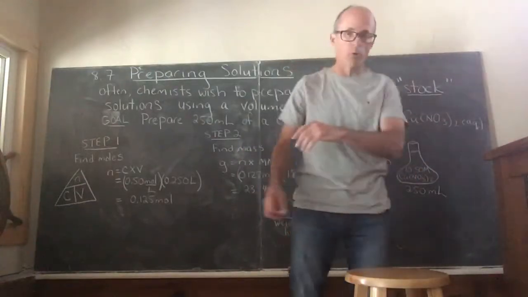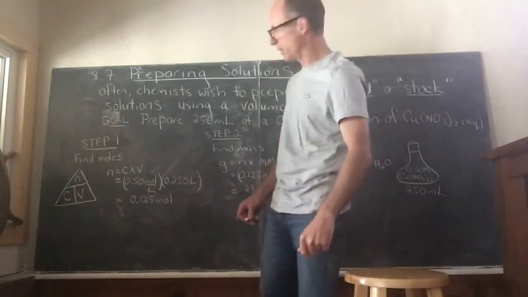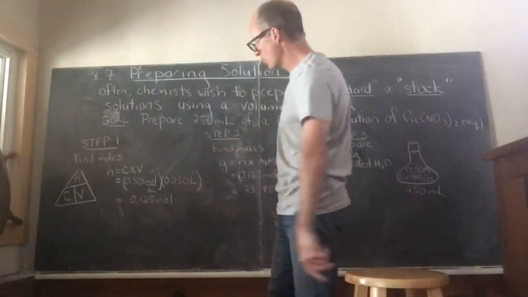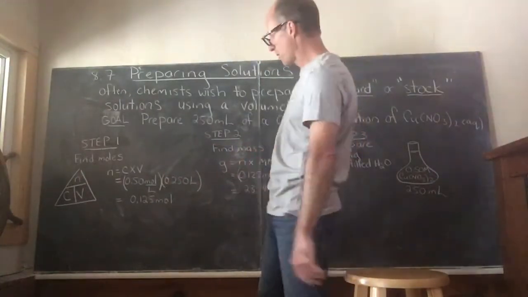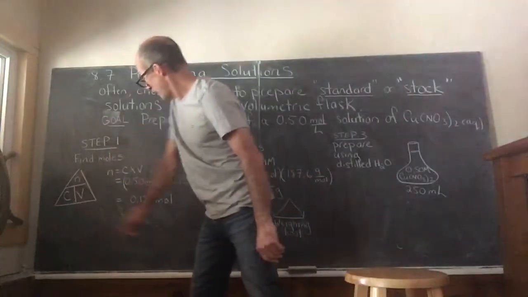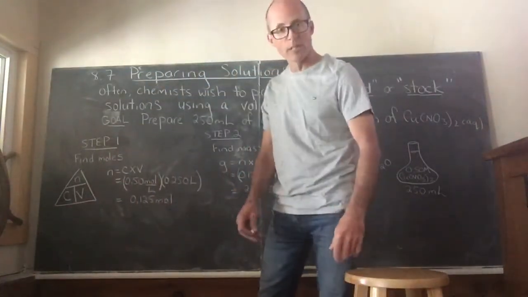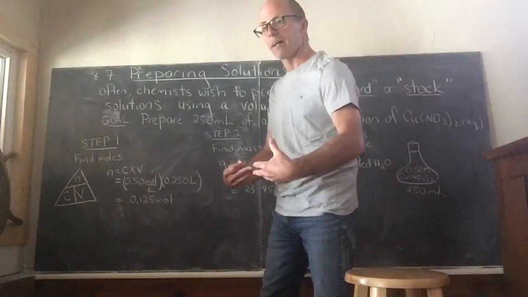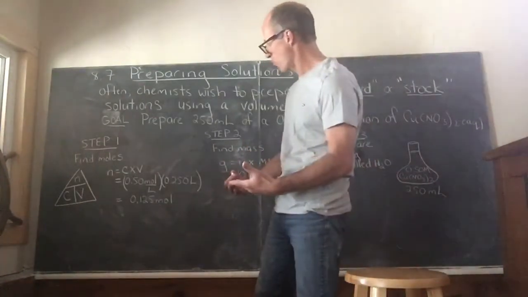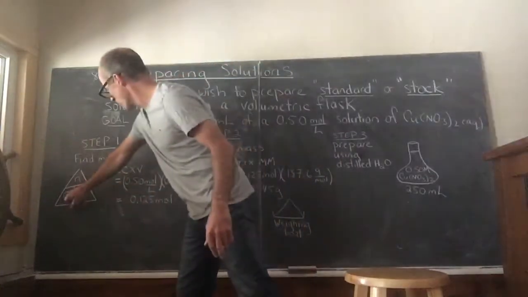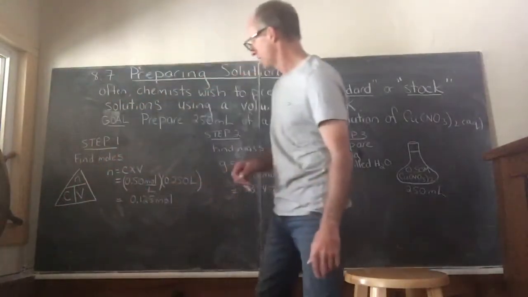You have the molar mass, because you have the formula, and we go back to our solution triangle, our new mole triangle. Notice that I put N on the top. Not to worry, moles is N. So when you see N, you'll know that we're dealing with moles. Concentration is in moles per liter, and volume is in liters.